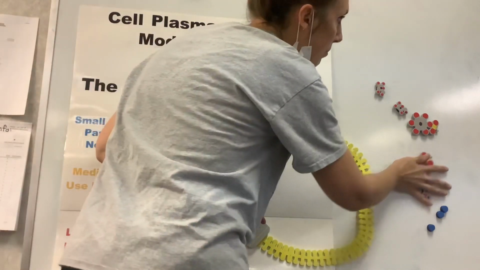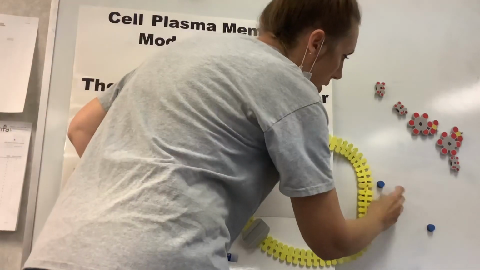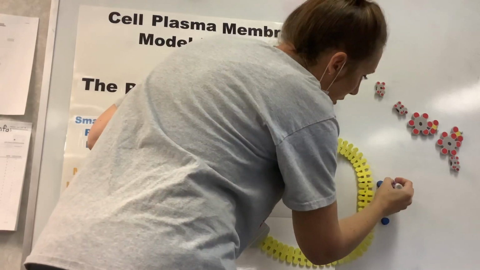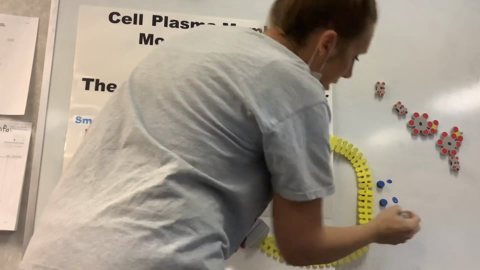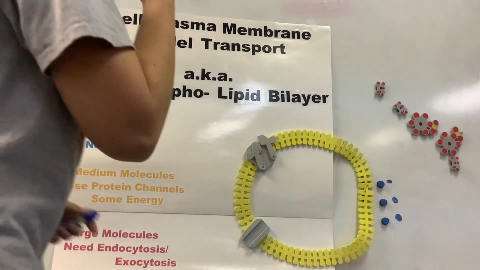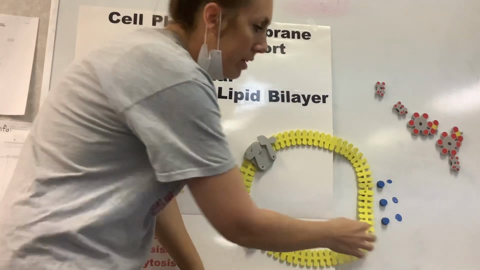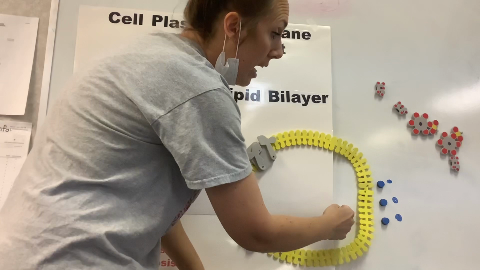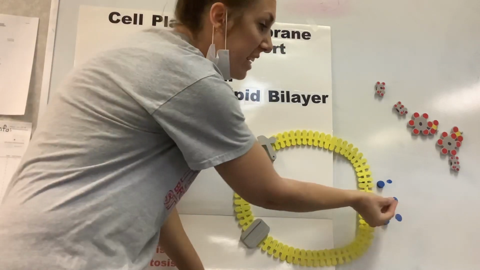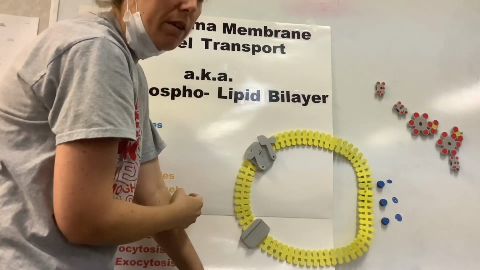So for example, if you have 1, 2, 3, 4, 5, 6 blue, whatever we want to call these, CO2 molecules, or whatever they are, there's obviously a higher concentration outside than inside. So since these particles can just diffuse through the membrane, enough want to diffuse to where it's an even concentration.